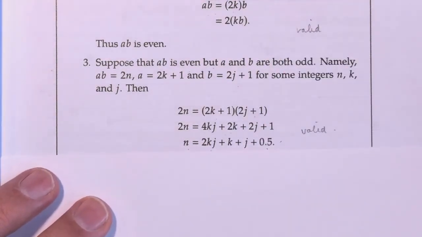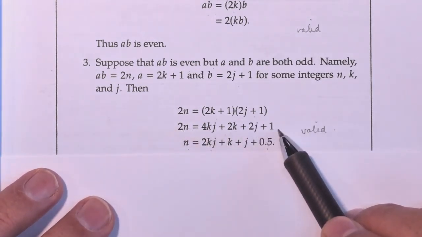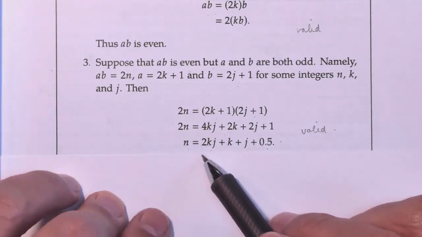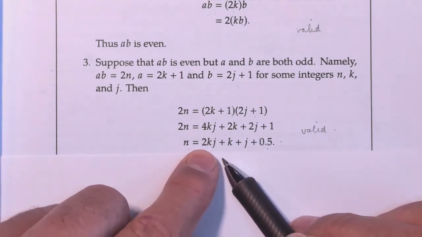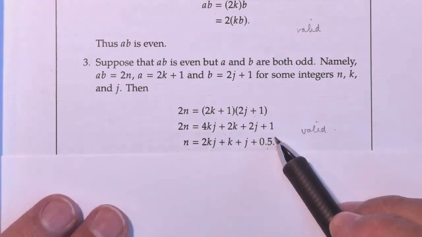Okay, so what does this tell me? It tells me if I can divide this whole thing by 2, then I end up with n being 2kj plus k plus j plus a half.